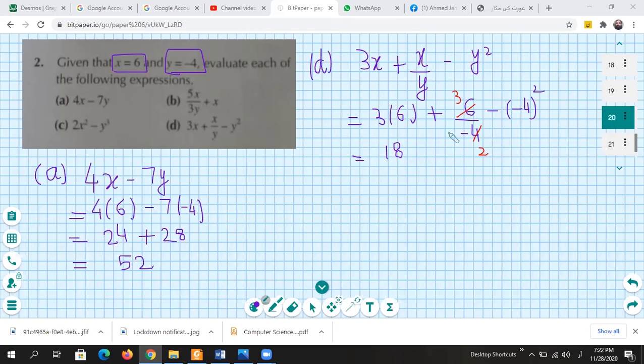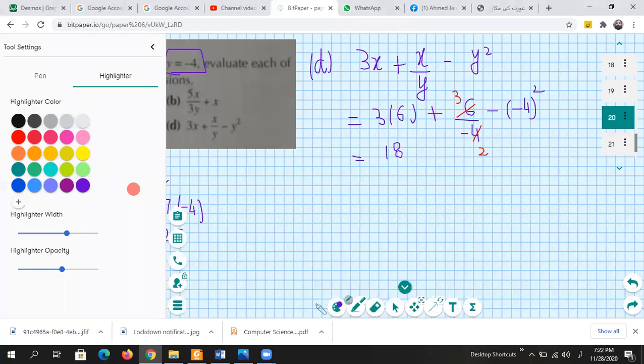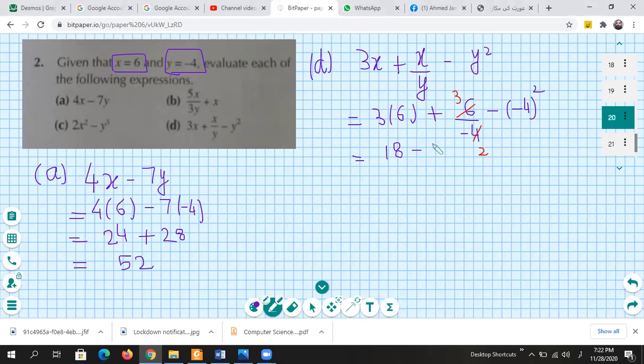So this will become plus minus minus, three by two, and this negative sign as it is. And this -4 squared gives you plus 16, because a negative square is positive. Minus into minus is plus, and 4 square means 4 multiplied by 4 gives you 16.